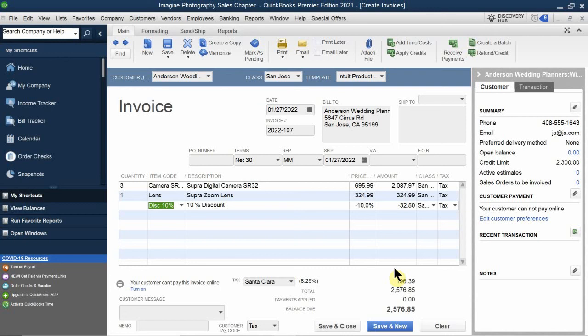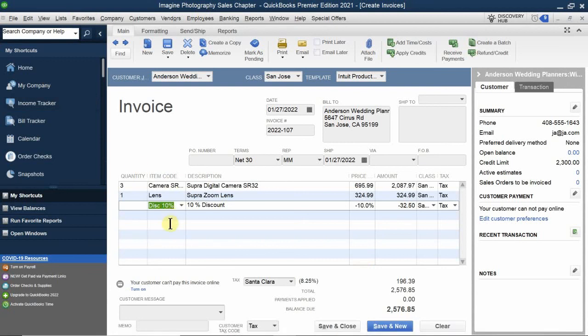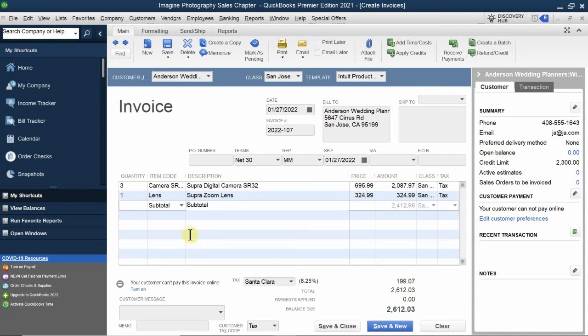But in this case, let's just say I'm going to take it off all of it. How do I do that? Well, I'm first going to create a subtotal line item. If I click tab, notice this is going to change all the information here because I entered a subtotal line item.